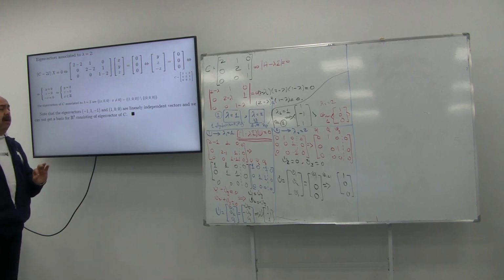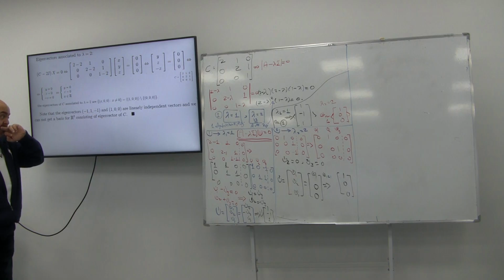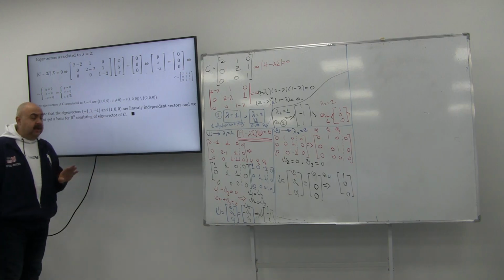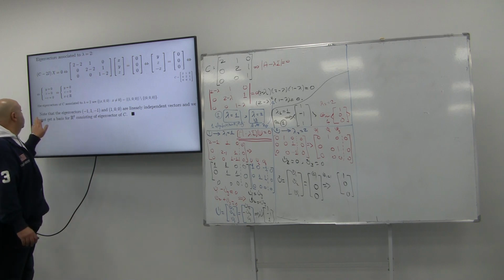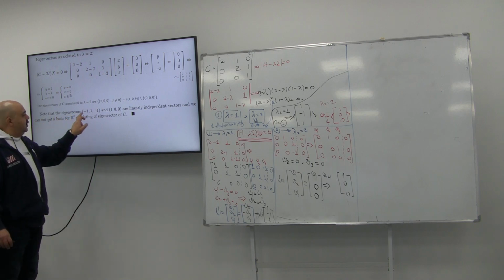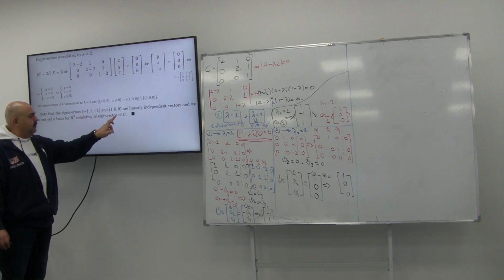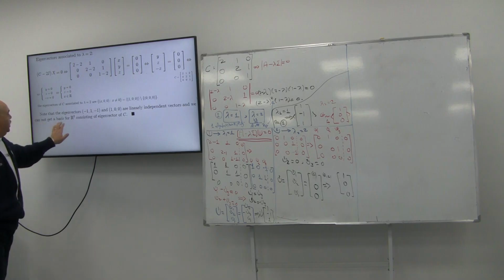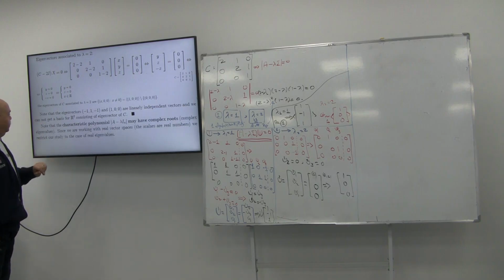The comments are really important, and you already have this on your slides. I've tried to download all of them and sent them to you. So note the eigenvectors (-1, 1, -1) and (1, 0, 0) are linearly independent vectors, and we can get a basis for R3 from them.